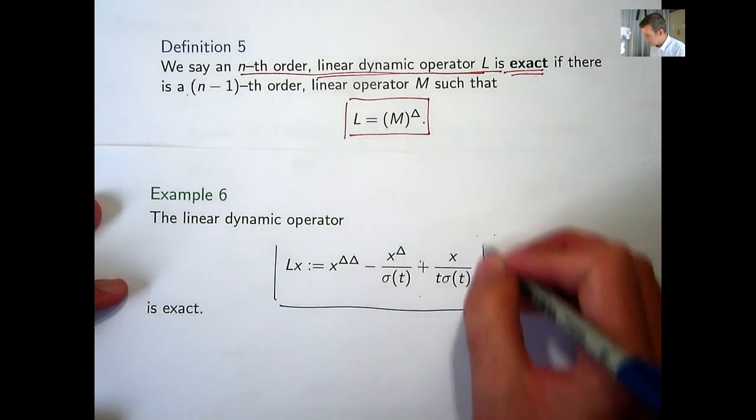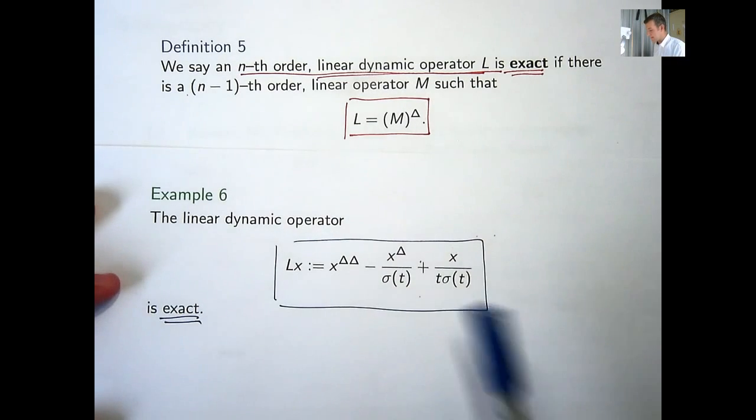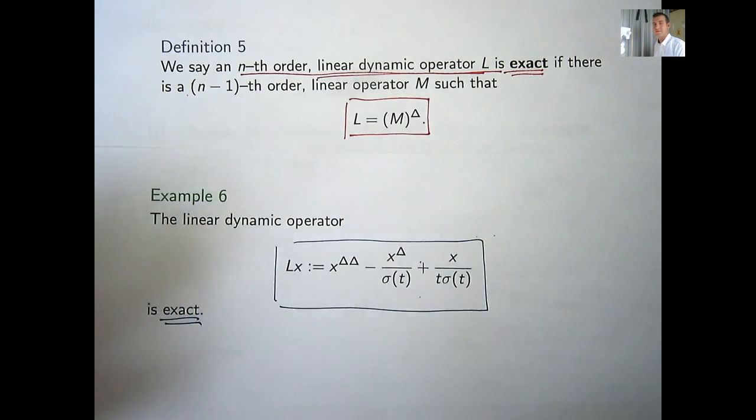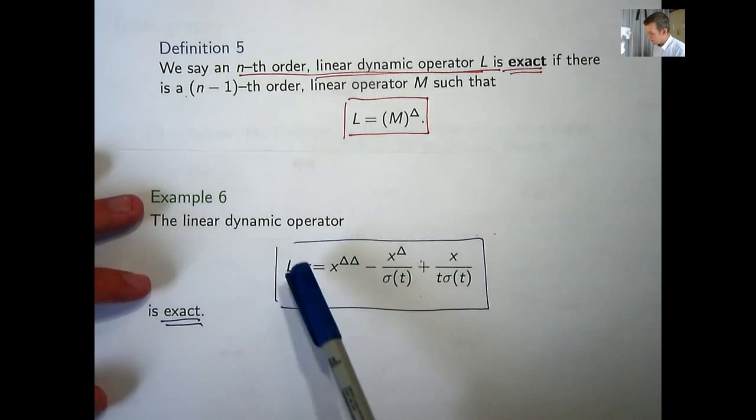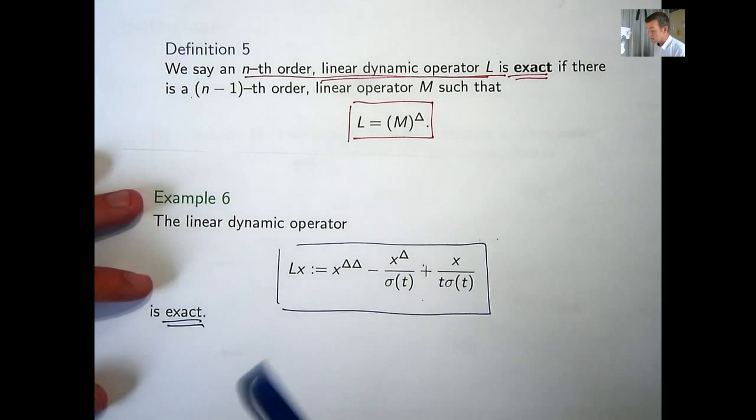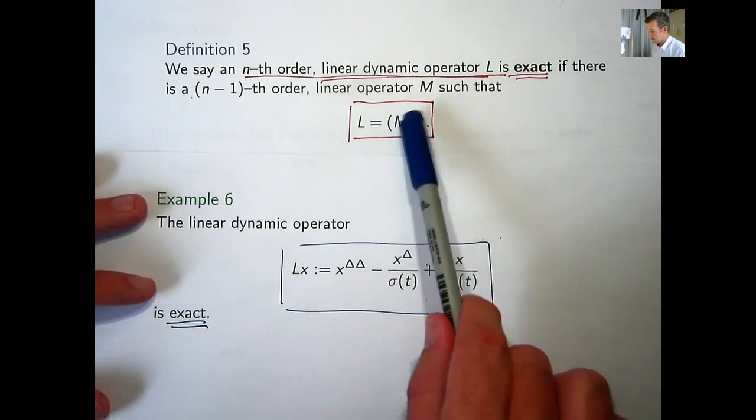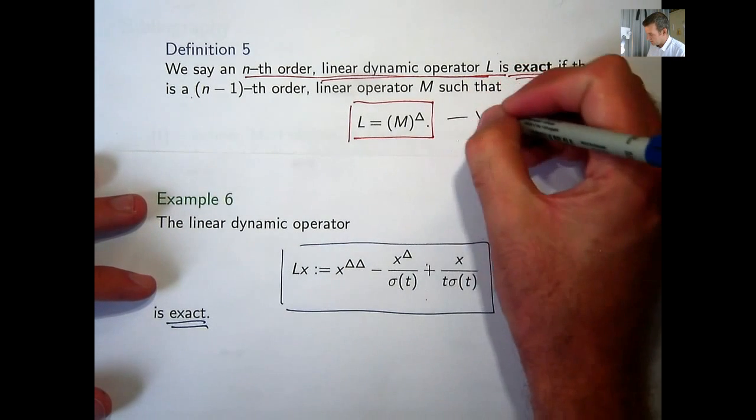And the claim is that this linear operator is exact. Now notice there's no sigmas here or anything, so this is a slightly different operator to the one that we looked at in the first few slides of this presentation. Okay, so what we want to do is come up with a linear operator m that's first order, such that this is true. So let's call this double star.